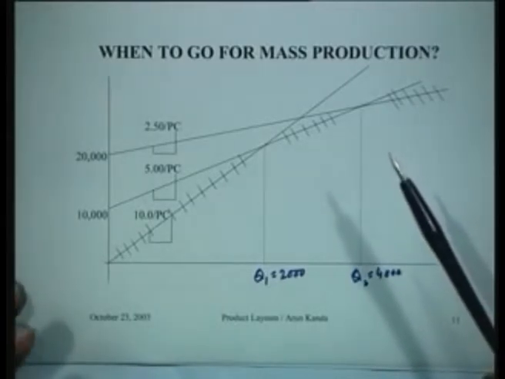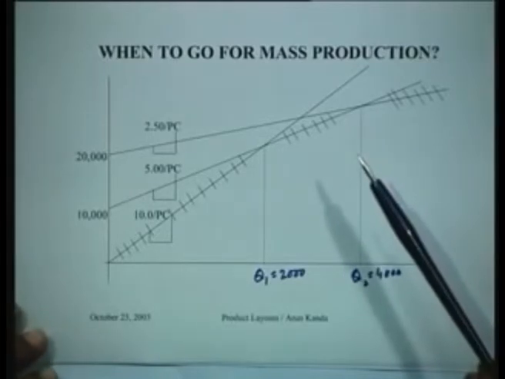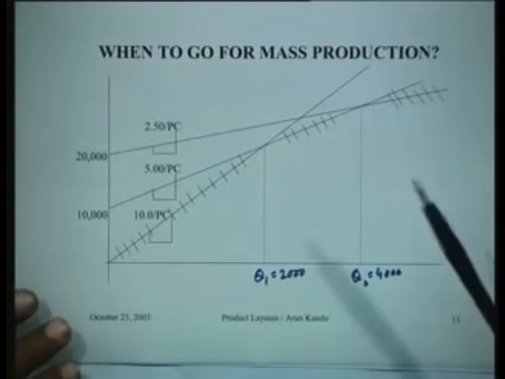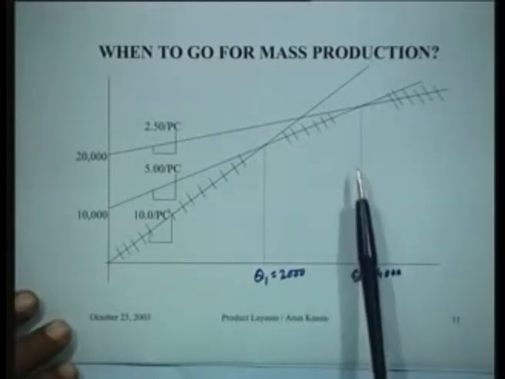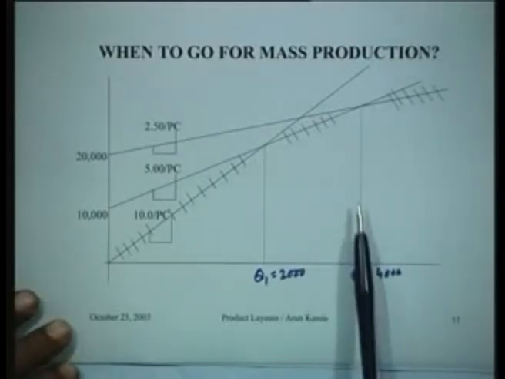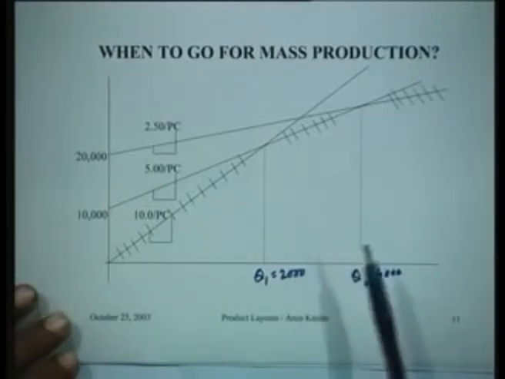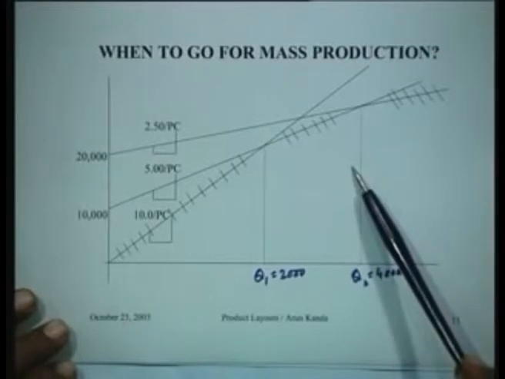So you can get quantitative answers to the question of finding out what would be the best thing to do under various circumstances. In this particular situation, we would go in for an assembly line only if demand exceeds 4000. What might happen in real life is that suppose your current demand is 3500 and you are somewhere here.